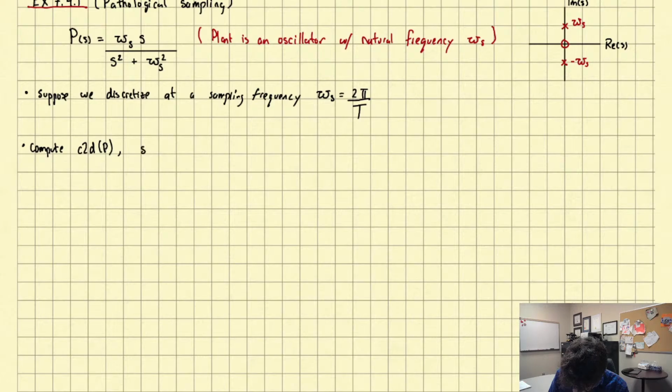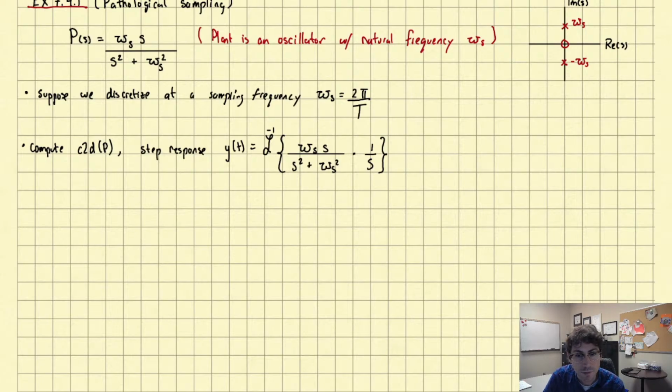So step response. This would be P of s times 1 over s. So let's multiply that out. All right, so same thing we just finished doing.